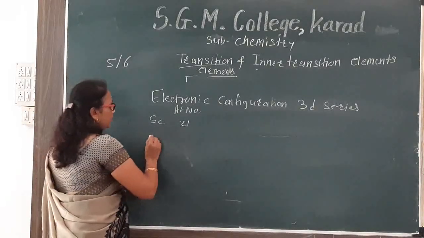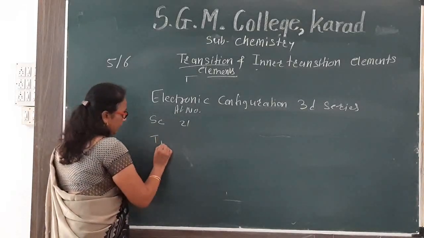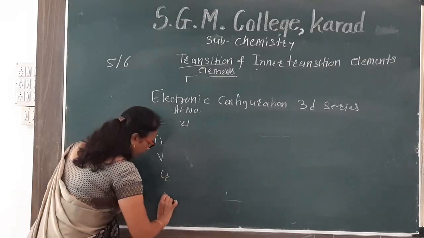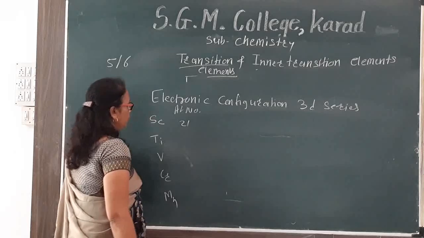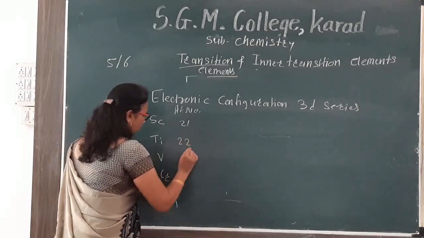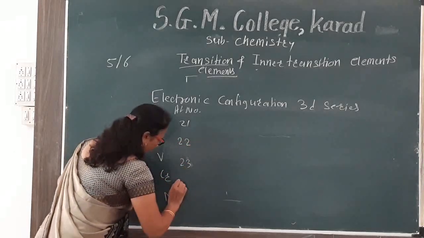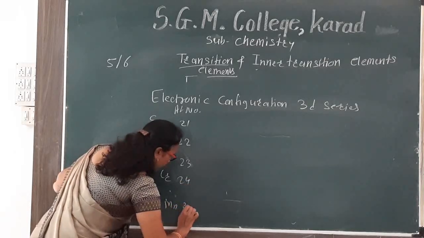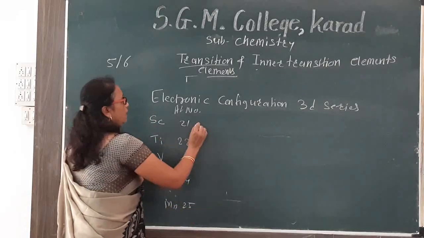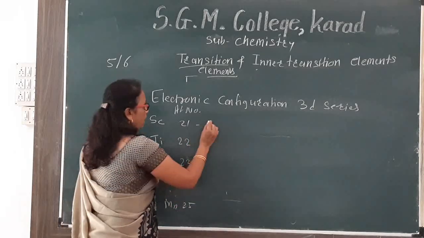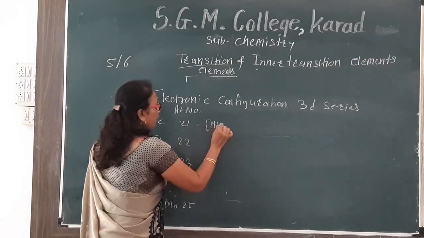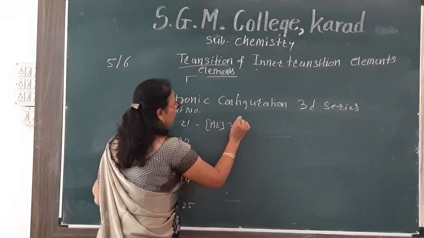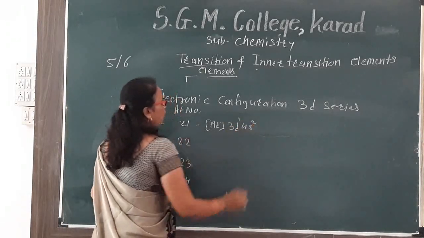Now the configuration of other elements: scandium, titanium, vanadium, chromium, manganese, with atomic numbers 21, 22, 23, 24 and 25. The expected electronic configuration of scandium is argon 3d1 4s2.